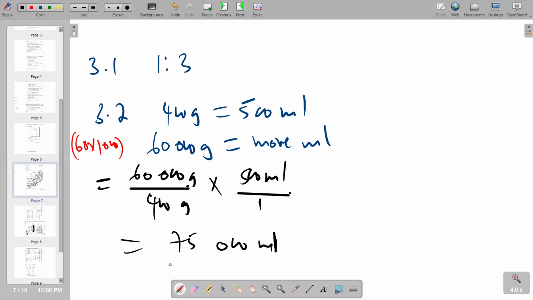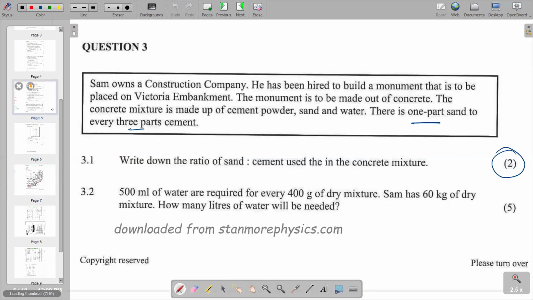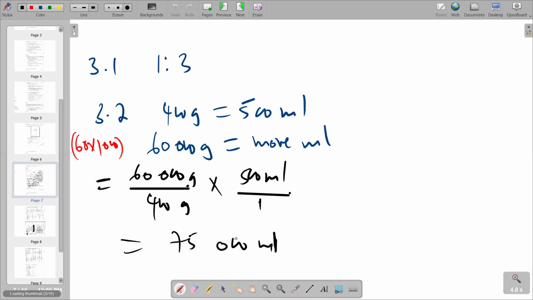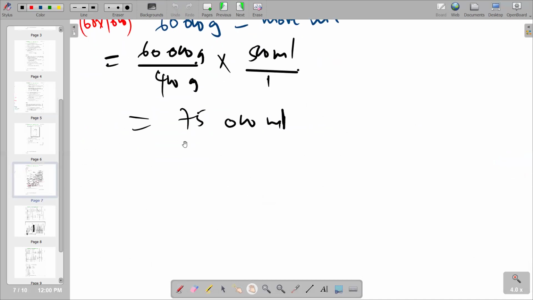milliliters. We refer back to the question. The question says how many liters. So it means we have to convert the milliliters that we have to liters. And we know that 1 liter is equal to 1,000 milliliters.